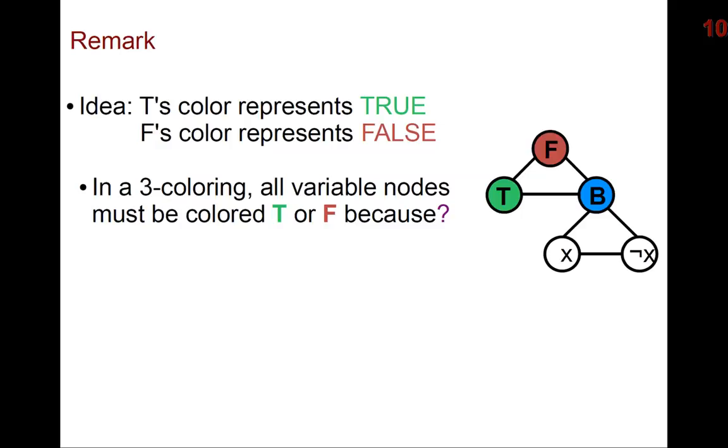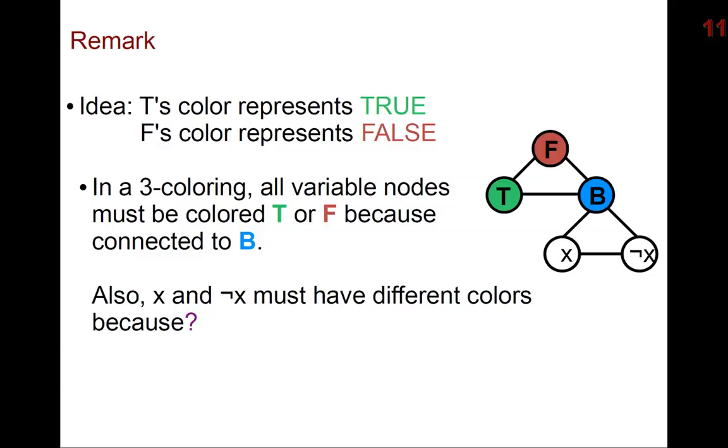And remember that you connect like this. So I claim that if you have a tricoloring, all the variables have to be colored either true or false. That's obvious because the variable is connected to B and also to the negation. Because you connect to B. And of course, X and not X must have different colors because X and not X are connected.